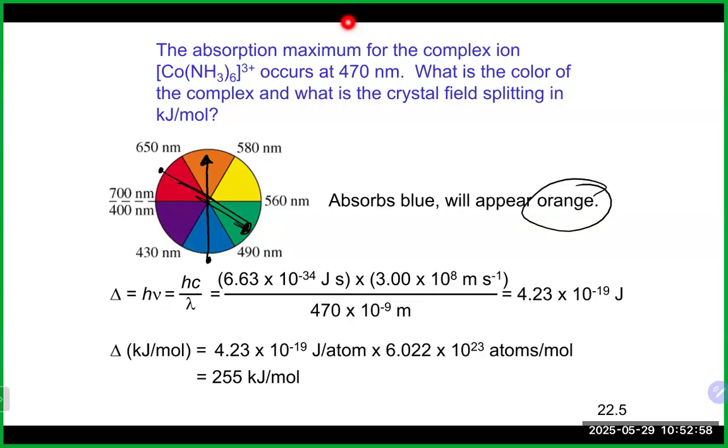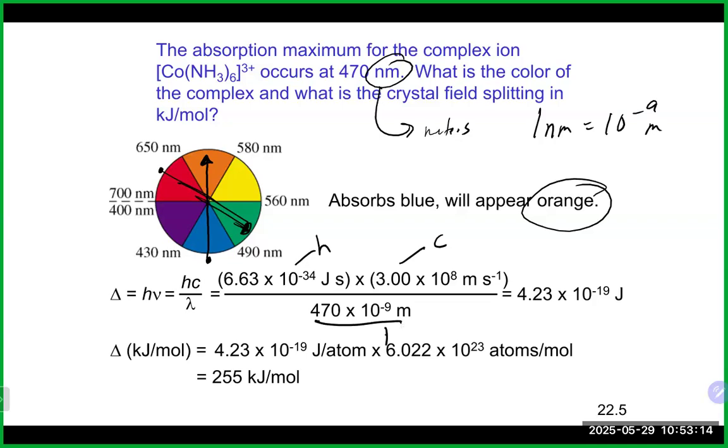Now, with that being said, we can convert this. Remember that it does need to be in meters. So 1 nanometer is 10 to the minus 9 meters. So this is our h, this is our speed of light, and this is our wavelength that has been converted to meters using our nano conversion.